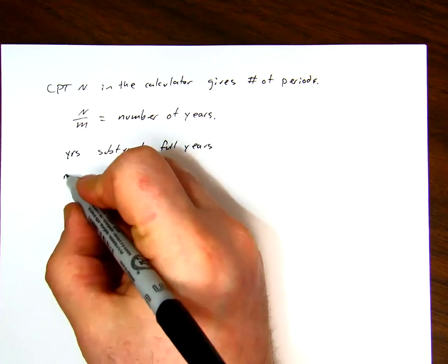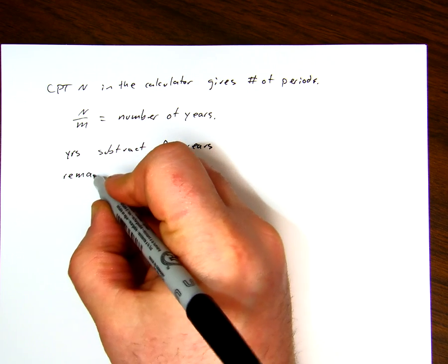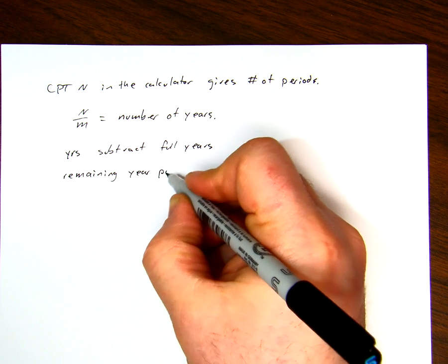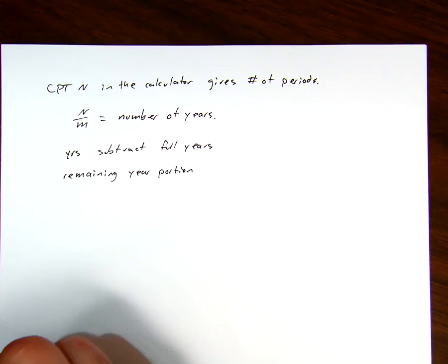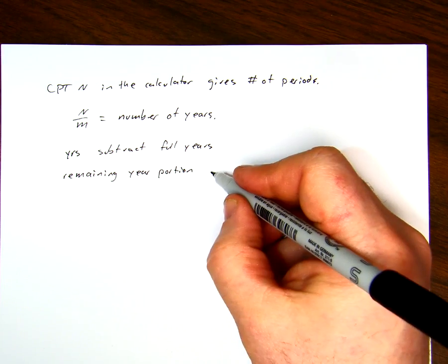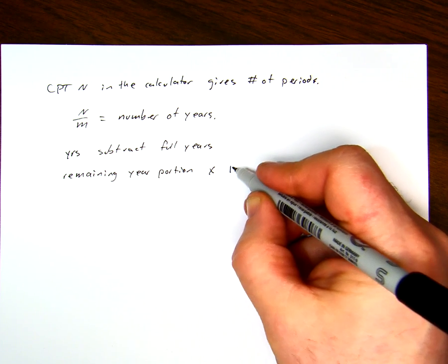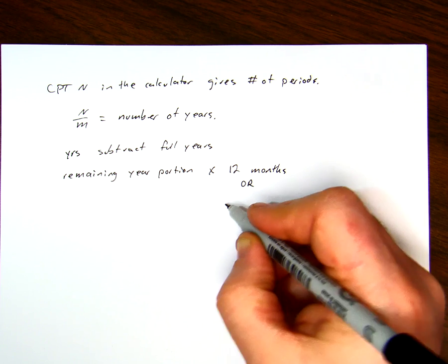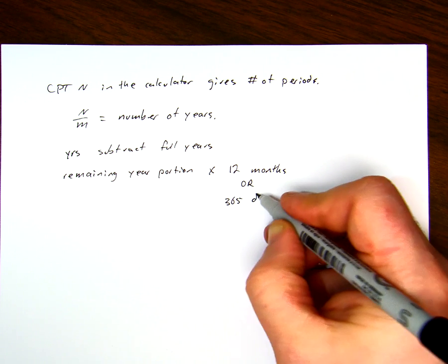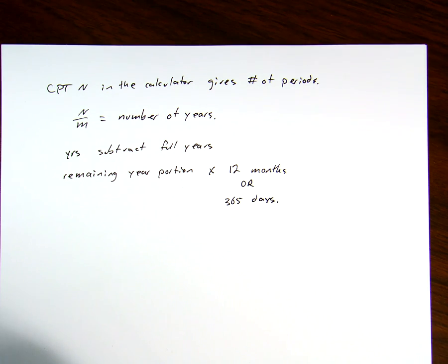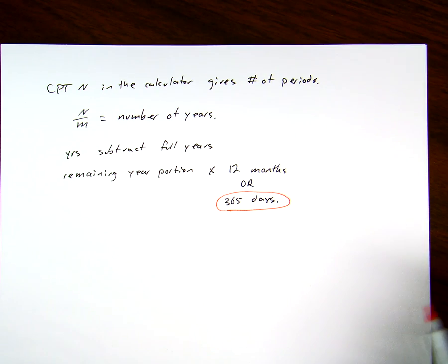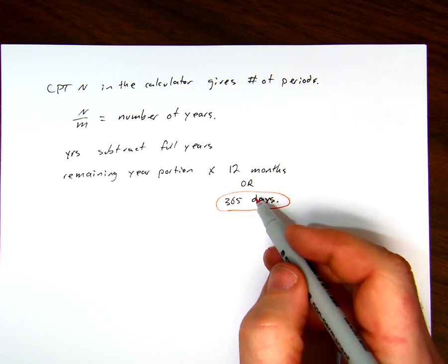And then we're going to take the remaining portion of the year and multiply by either 12 for months or 365 for days. If you want your result in days, don't do months and then days.